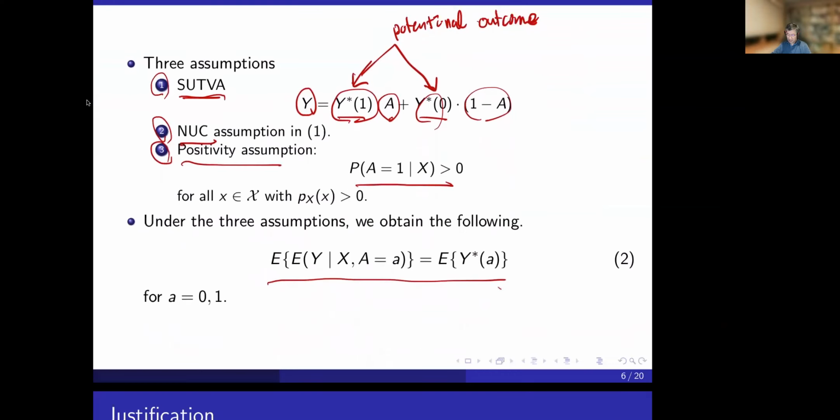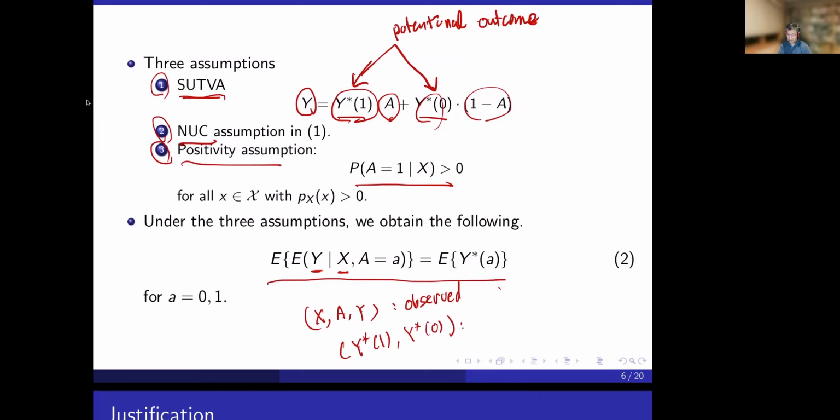The data set has X, A, and Y, right? So this is observed data. But Y star 1, Y star 0 is unobserved, and we only observe one of the two.